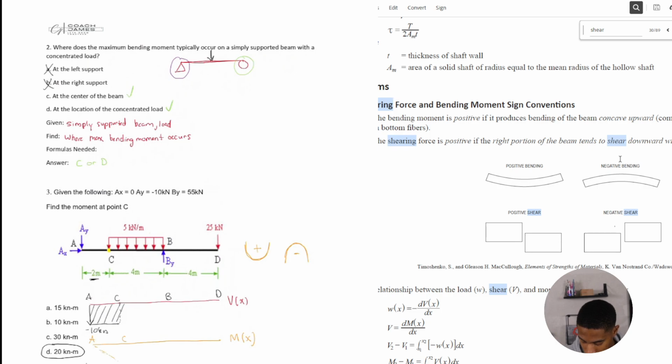Since this is constant and it's constantly negative, it's going to be like this. Right? And that's going to be our negative 20 kilonewton meter.